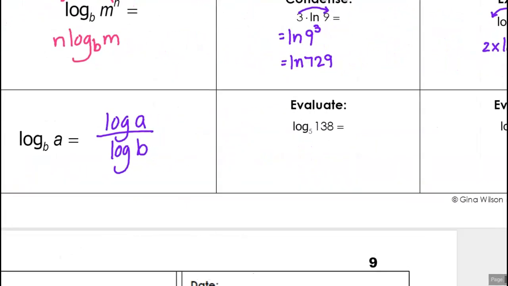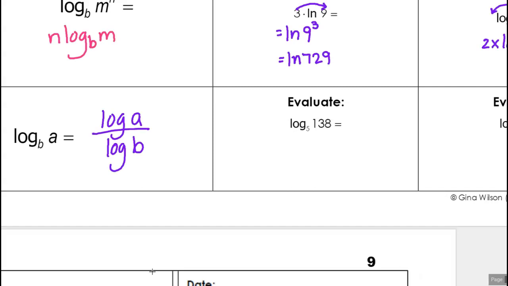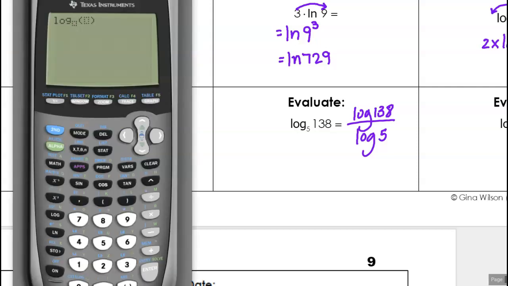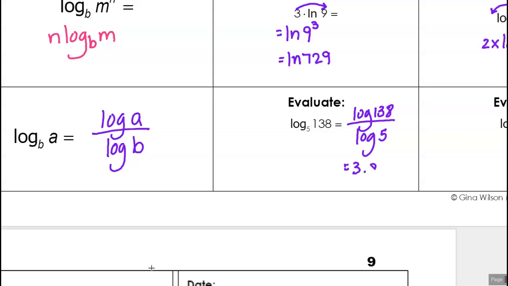But anyway, quickly what this looks like. If I'm trying to change the base of log base 5 of 138, I take the log of the argument and put it over log of the base. So on my calculator, log of 138 divided by log 5, and you get 3.06.